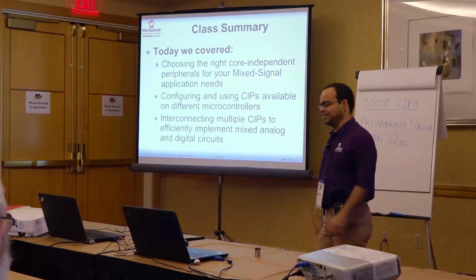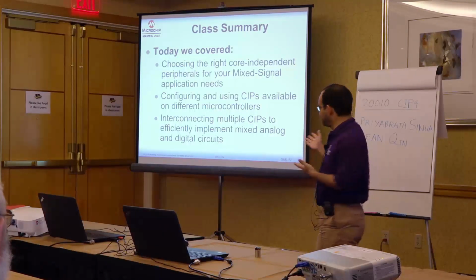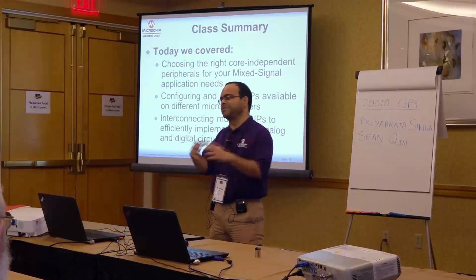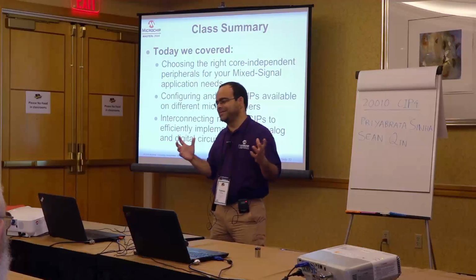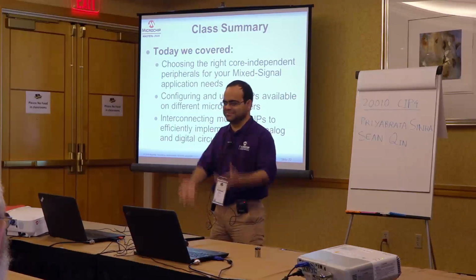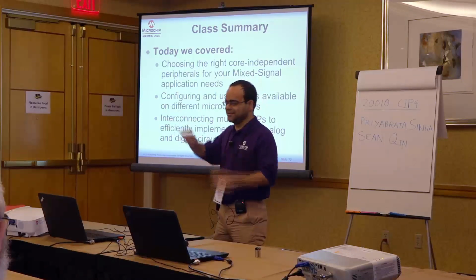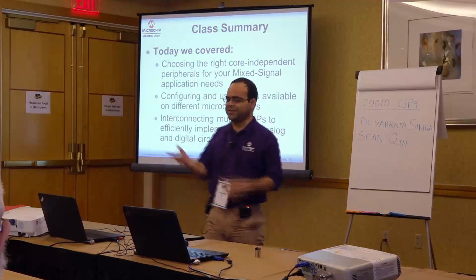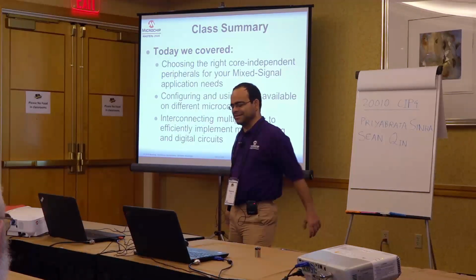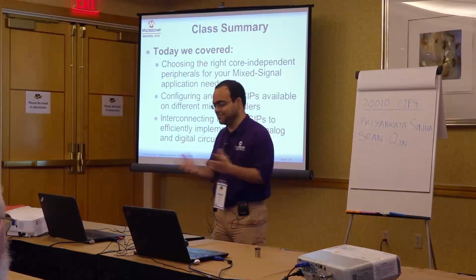We also learned the features and benefits each of these modules provides, and saw some application examples where multiple CIPs combine and work collaboratively to efficiently implement functionality or circuits that you might normally have implemented with external circuitry, or in software. So both things are reduced or eliminated by using CIPs working together.